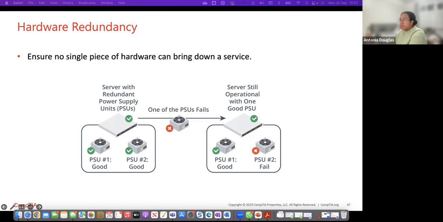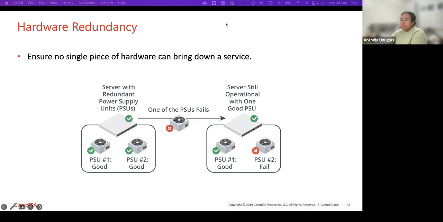When one fails, the other should still be functioning. Each power supply should then be connected to a different electrical circuit in the server room so that when one fails, the other one can still provide power. So as you can see in this example here, when both are good, it's good. Even when one fails, the other one's good. So you still provide power supply.